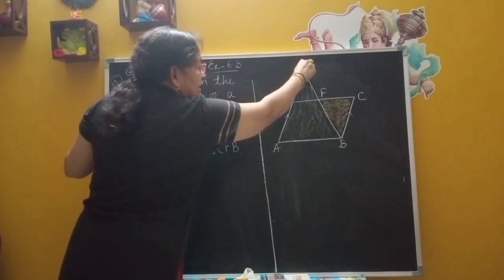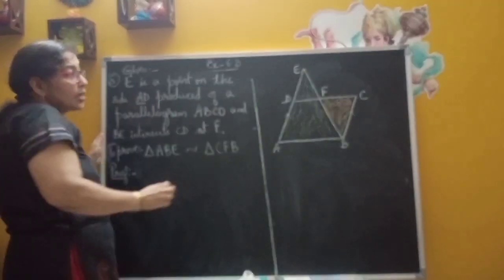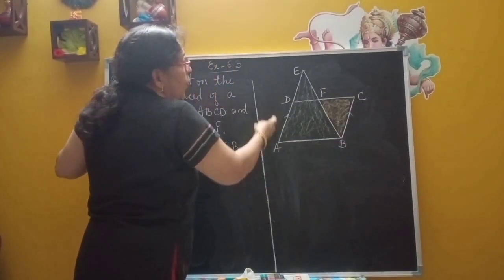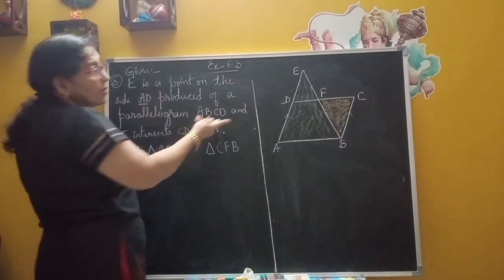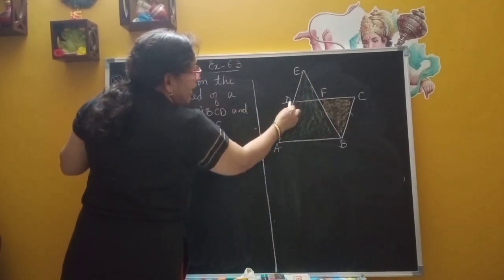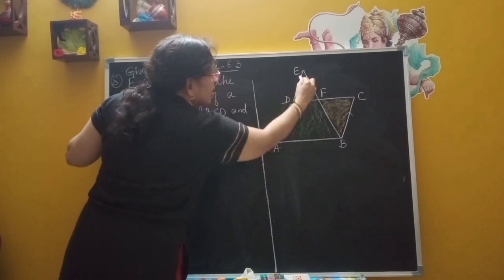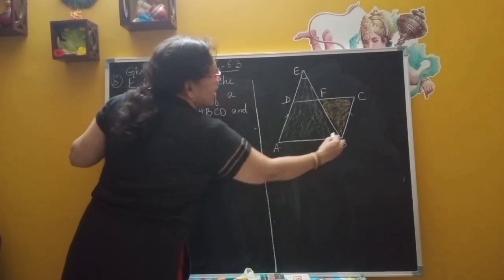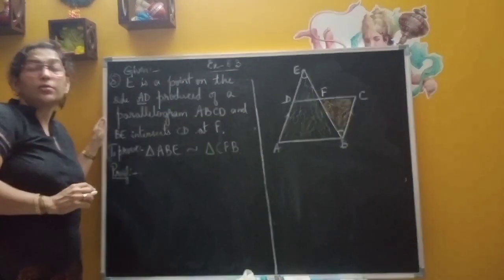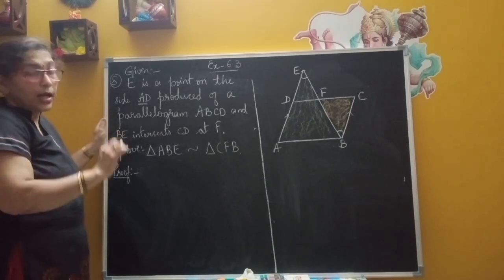Then this BE is the transversal. So what type of angles can we find here? Angle E and angle CBF are equal because they are alternate angles.